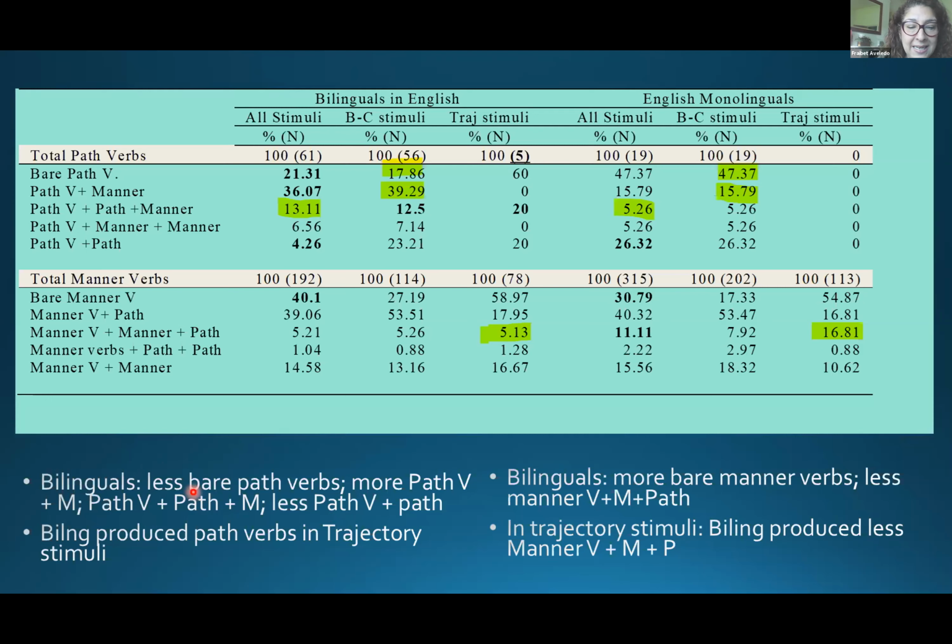And we will see, I will show you, there is a use of more prepositions that English monolinguals won't use, but it's a kind of an exercise that these bilingual speakers are doing with the use of these very difficult prepositions for Spanish speakers. We observe less path verbs with other paths. Bilinguals are producing very few, but we are observing still some path verbs in trajectory stimuli.